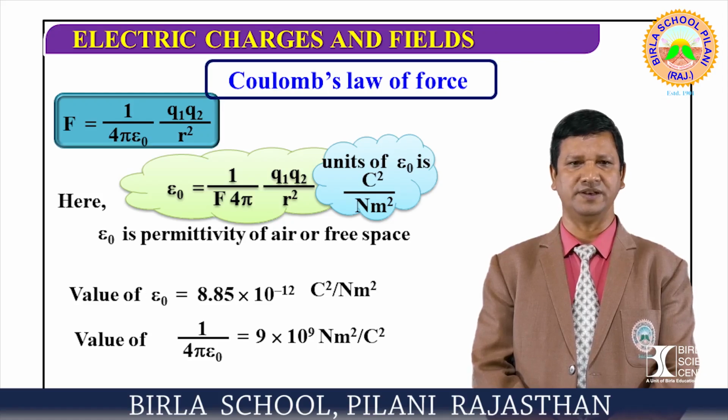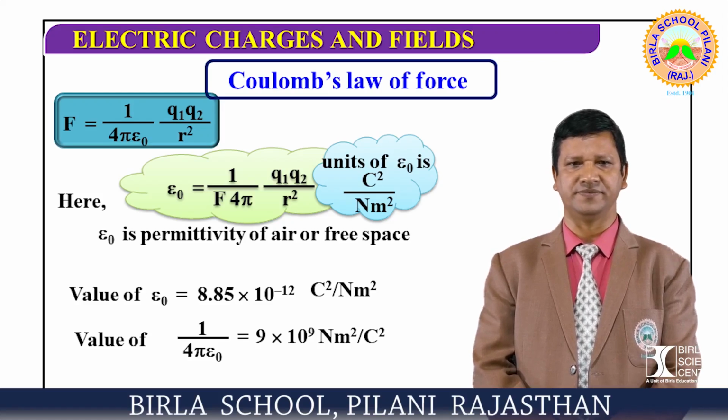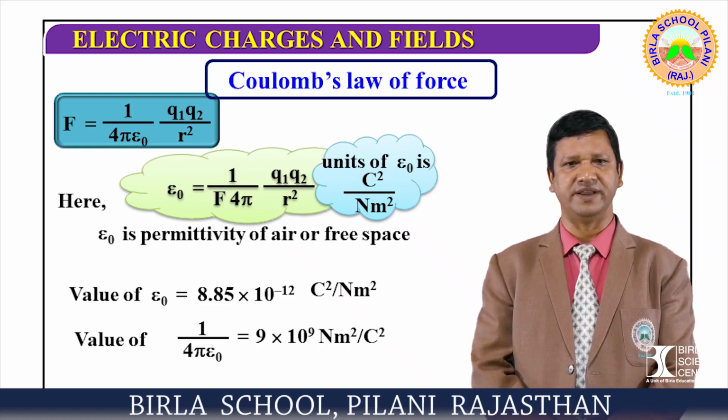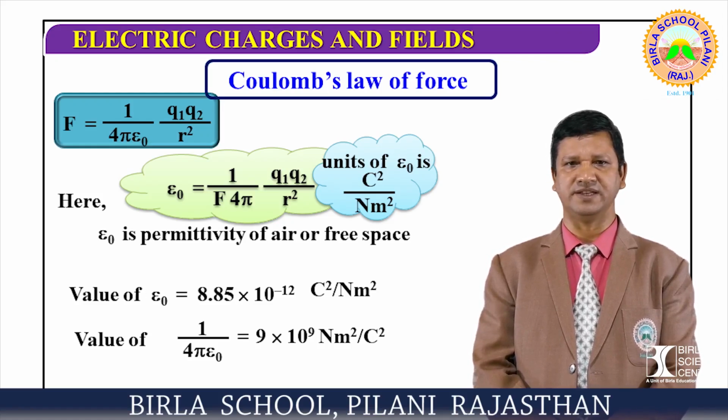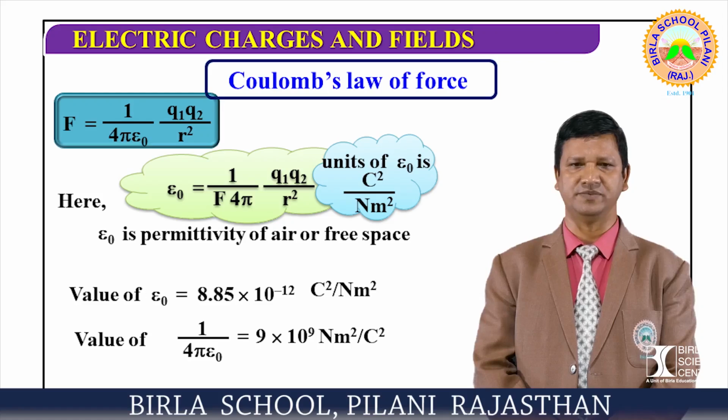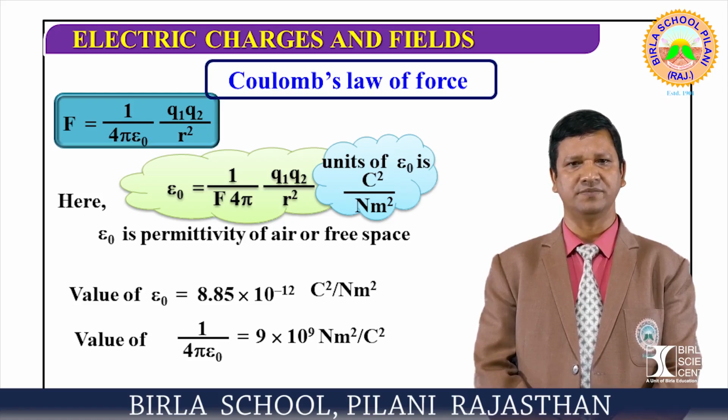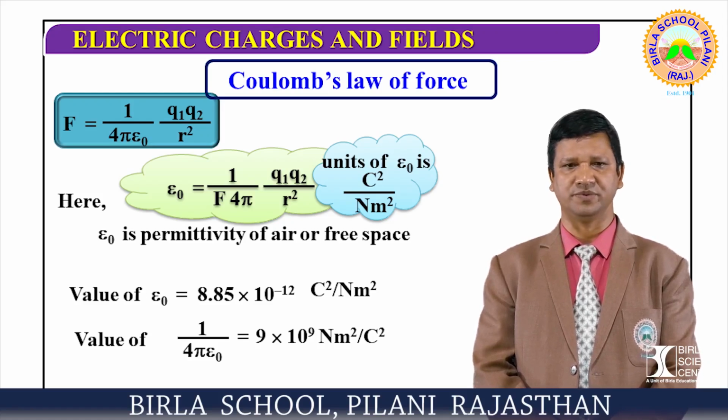The value of epsilon naught is 8.85 into 10 to the power minus 12, and its units, which we can calculate from the given formula, are Coulomb square per Newton per meter square. So mathematically we use this to calculate the constant of proportionality.